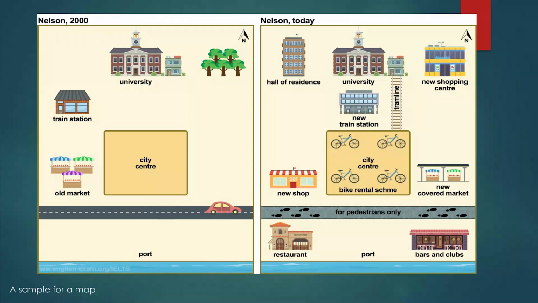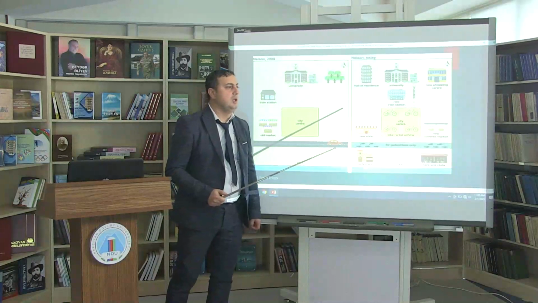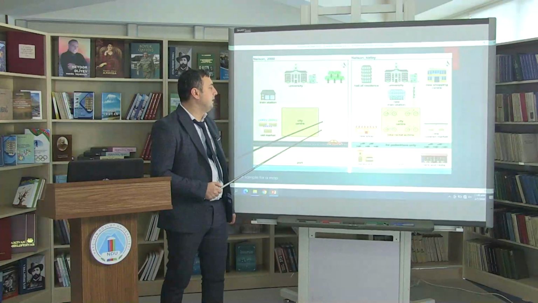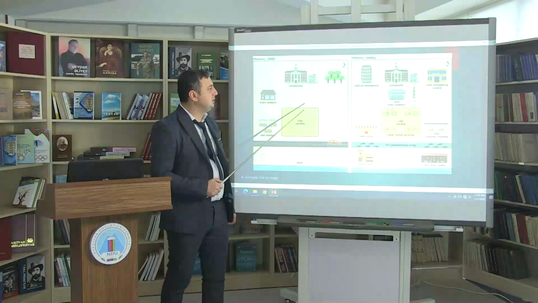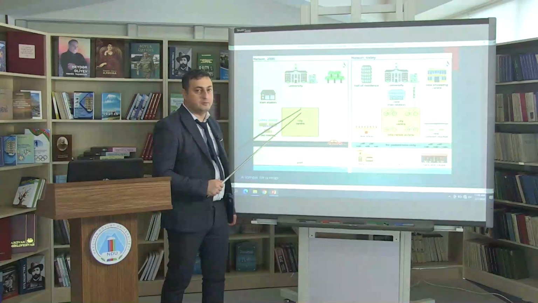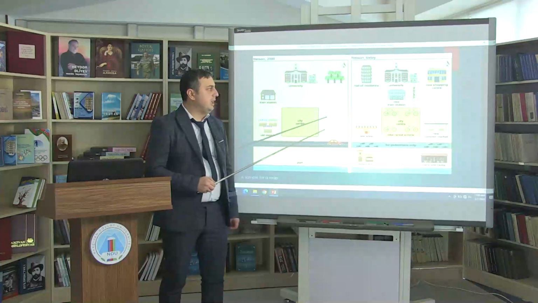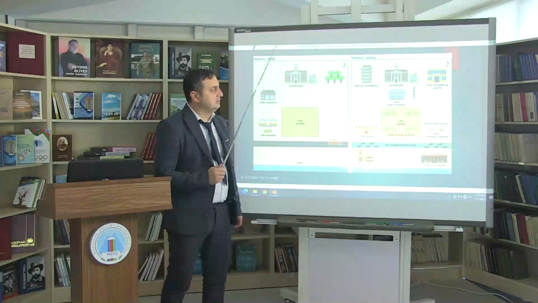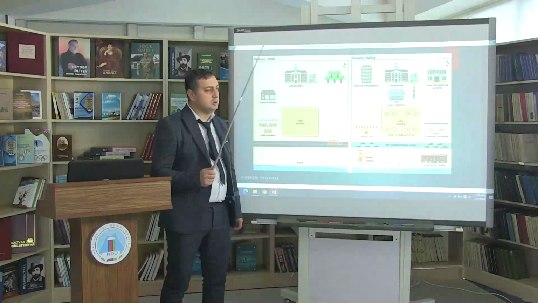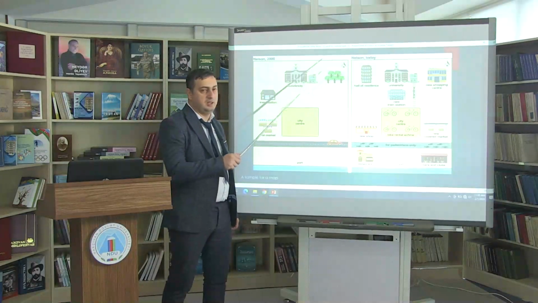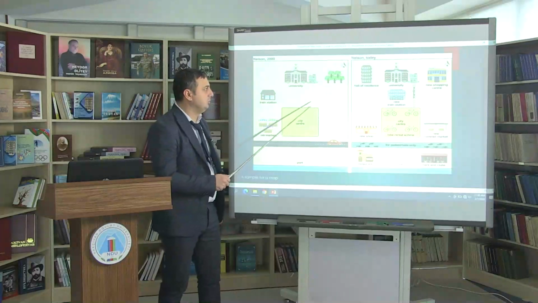Then let's talk about pictures. Picture description is one of the writing task 1 tasks. And as we see, there are two pictures here, different from each other. We should emphasize the most noticeable changed or unchanged objects in the pictures.